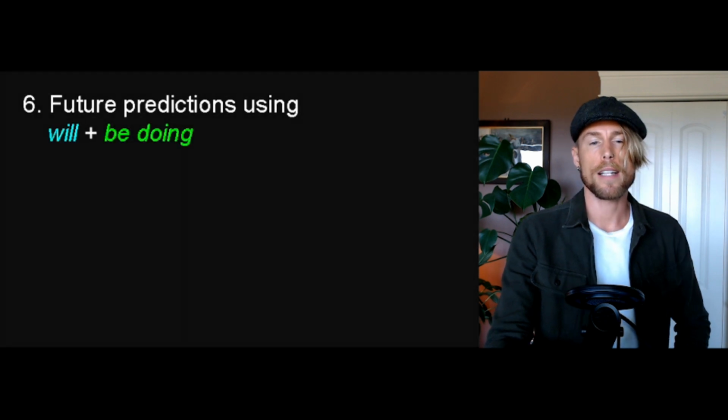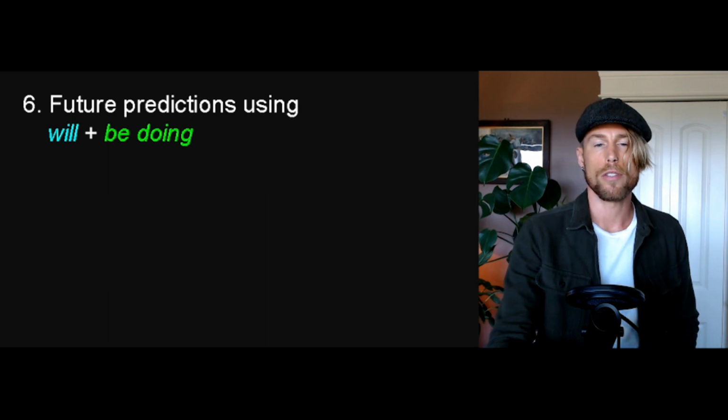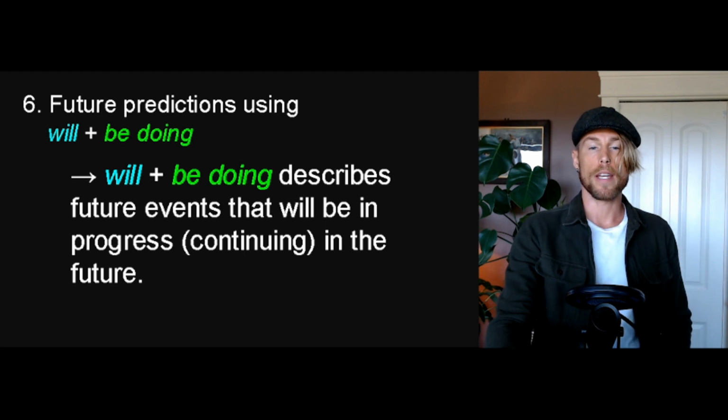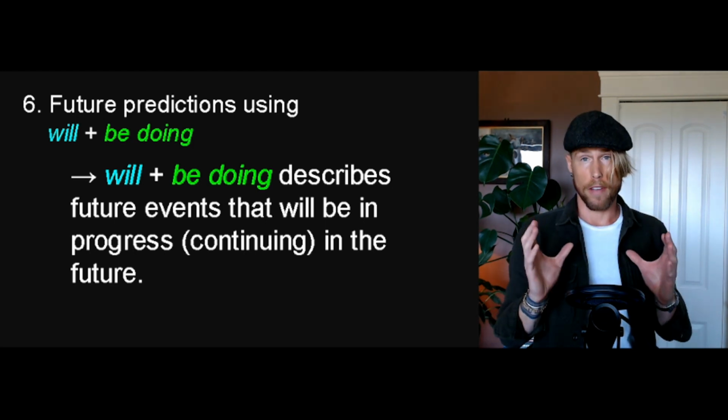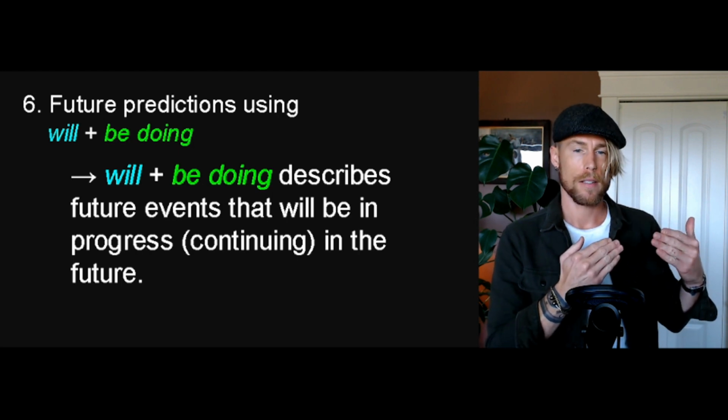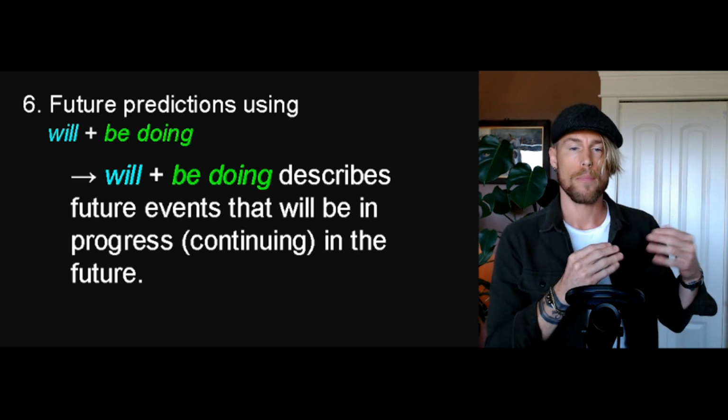Okay, next let's look at future predictions using will plus be doing. And again, do can be any action verb, most commonly. Will plus be doing describes future events that will be in progress or continuing in the future.